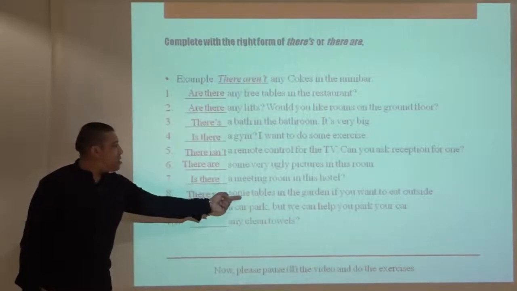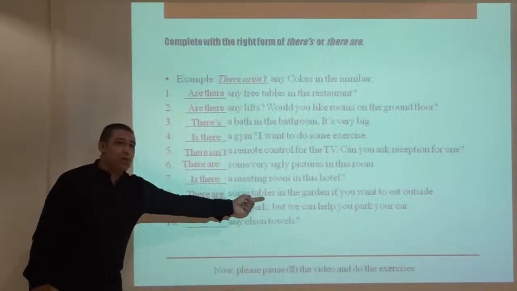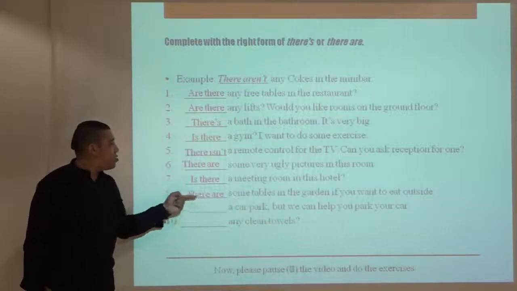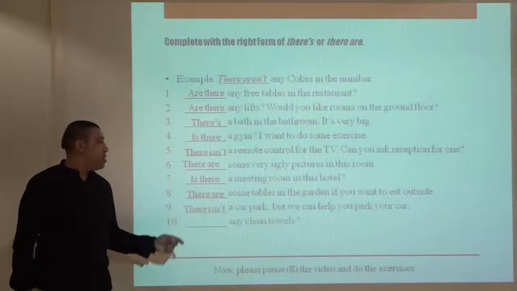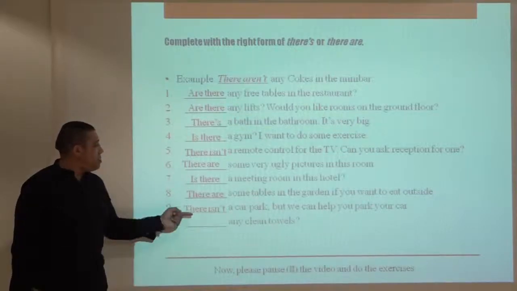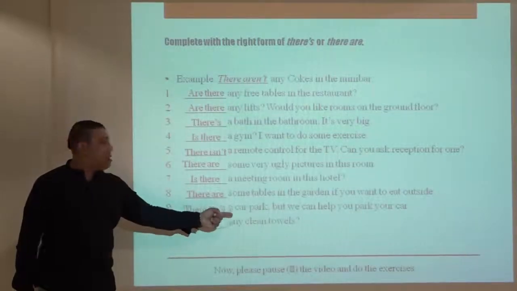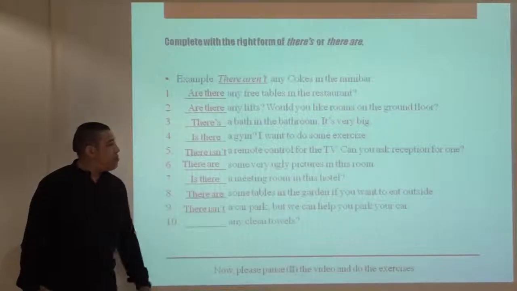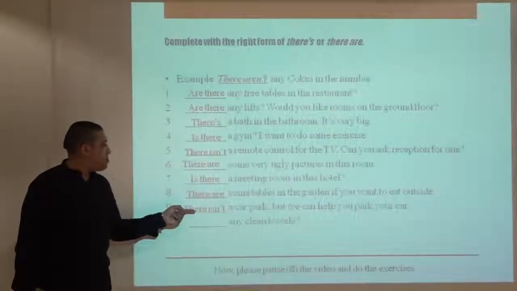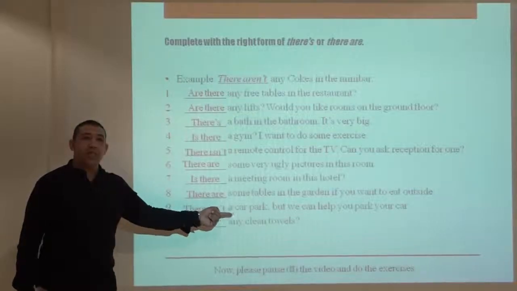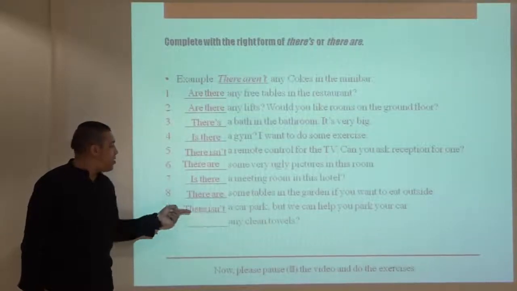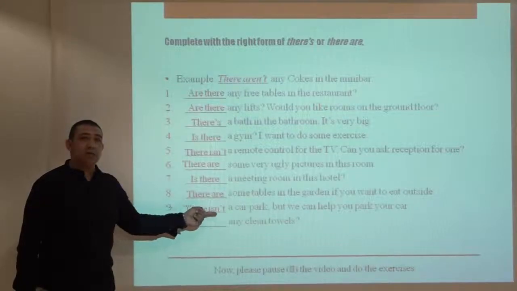So we have some here and tables in plural form, so this should be there are. Question 9, there isn't a car parked, but we can help you park your car. So we have a here, which is a singular form, so we should use there isn't in singular form as well.